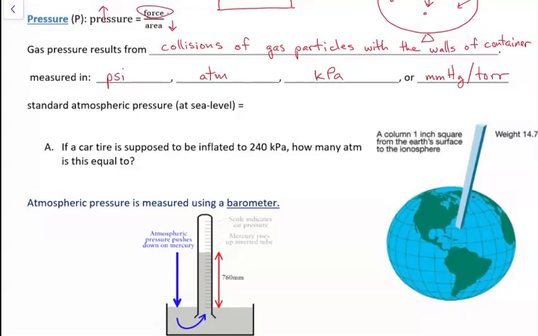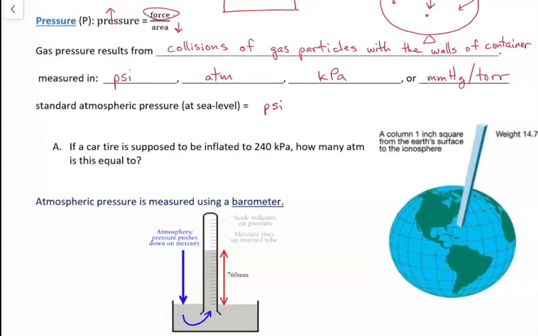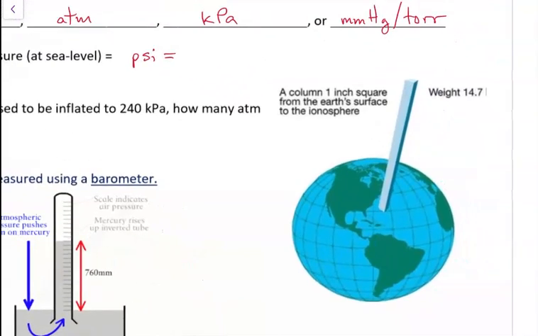So PSI, even though we don't use PSI a whole lot in this class, we use it for things like tires and basketballs, so it might be something you're familiar with. This little drawing is explaining it. If you had a column of air, just regular atmospheric air, that was 1 inch squared and extended all the way up to the ionosphere, so basically the edge of the atmosphere, the mass of the air in that little 1 inch by 1 inch tube is going to weigh 14.7 pounds.